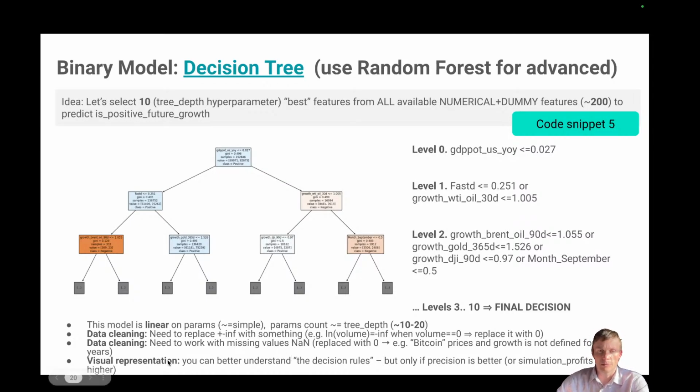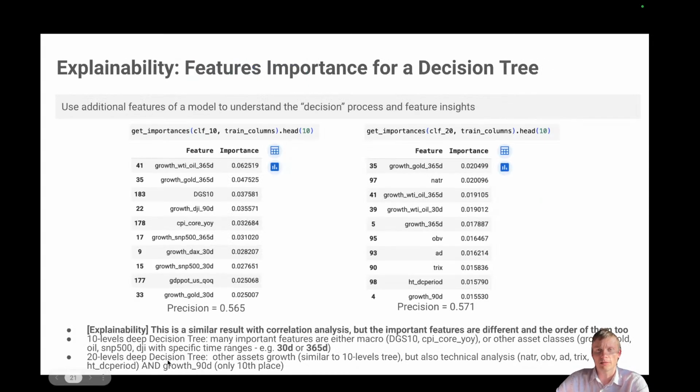So we talked about visual representation, and one more slide and we'll check the code. One thing which is oftentimes forgotten when we talk about machine learning models is explainability.